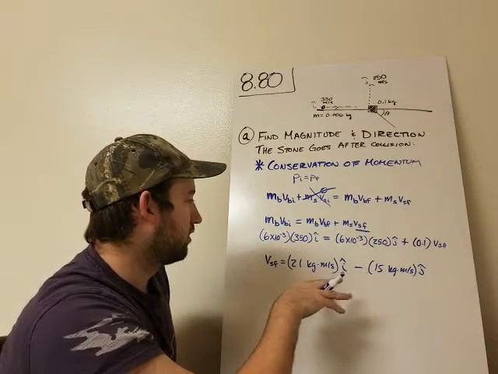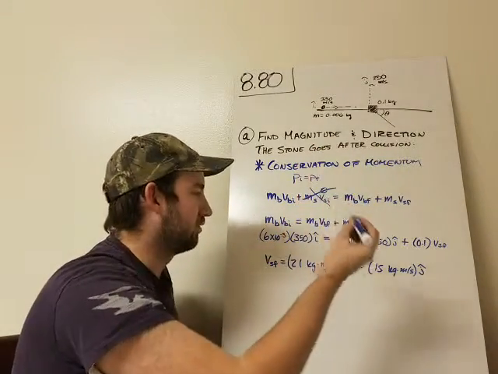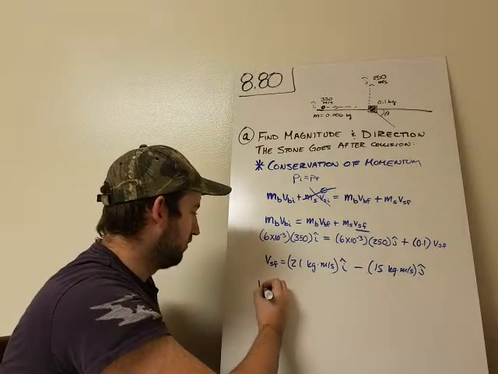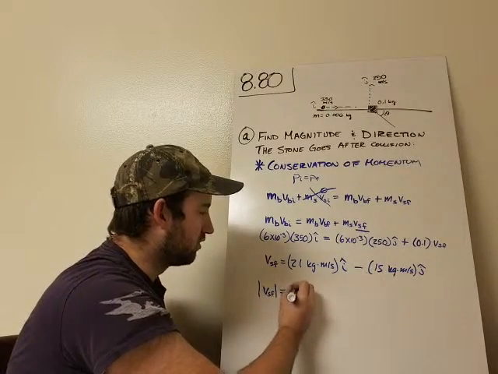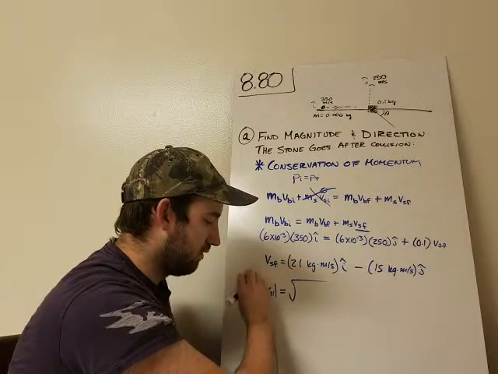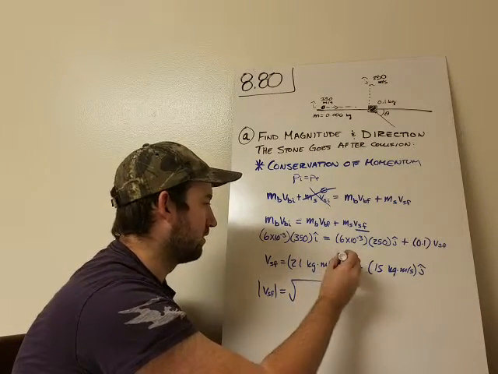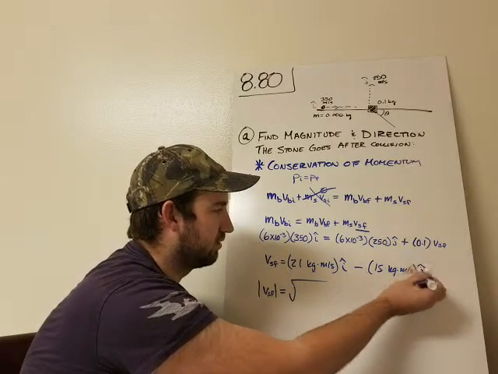So now we have this equation. What we need to do though is find the magnitude, right? It wants to know the magnitude and the direction. So we'll do the magnitude first. And we know that the magnitude is equal to the square root of the x, or we could call that i, squared plus the j squared.